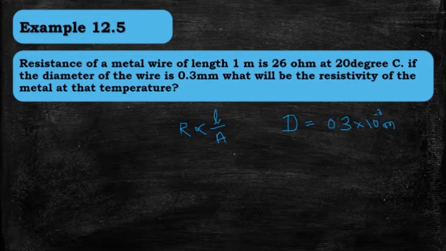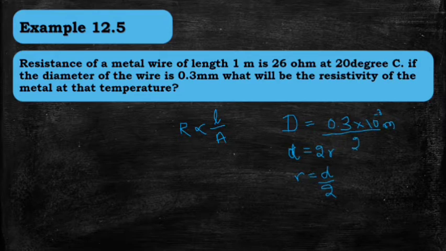We know that half of the diameter is radius. Diameter is 2 times the radius, so radius will be d divided by 2, that is 0.3 into 10 to the power minus 3 divided by 2.